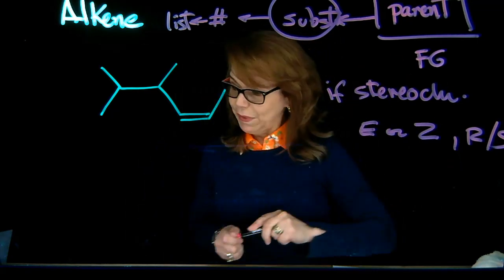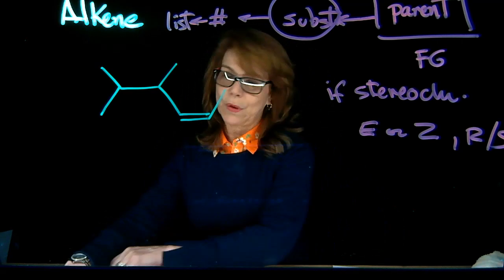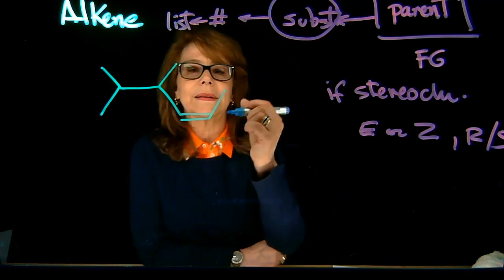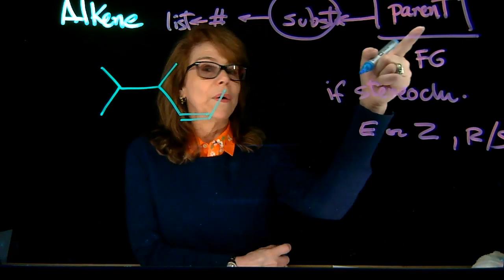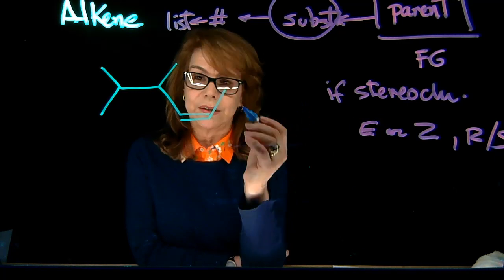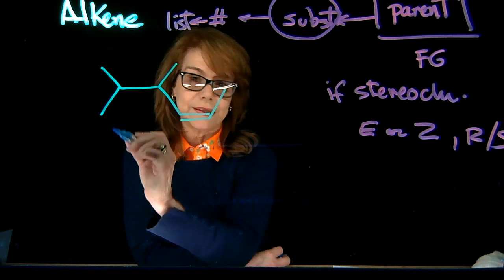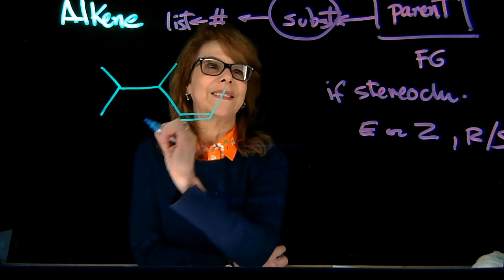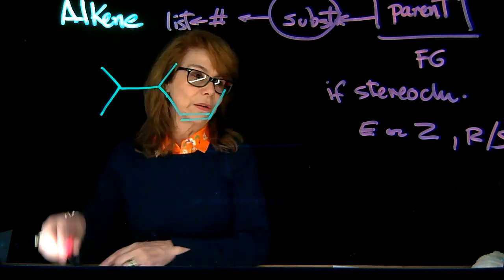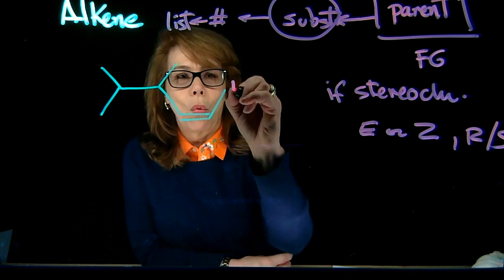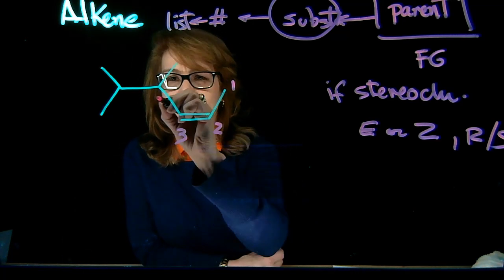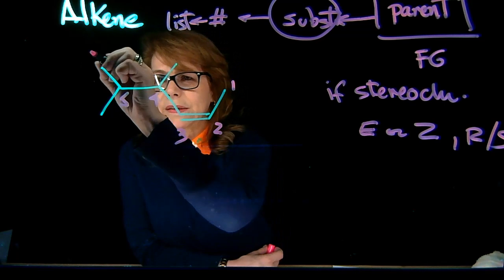So going by steps, here, what we have in this alkene. The parent chain needs to be the longest that contains the double bond. So I'm going to go 1, 2, 3, 4, 5, 6. That appears to be the longest. If I choose that chain, let's number that: 1, 2, 3, 4, 5, and 6.